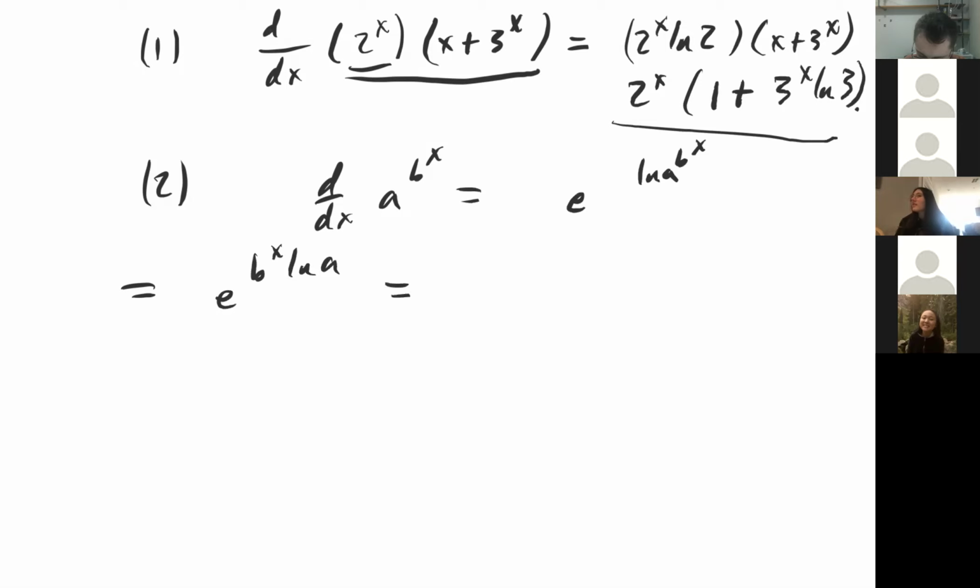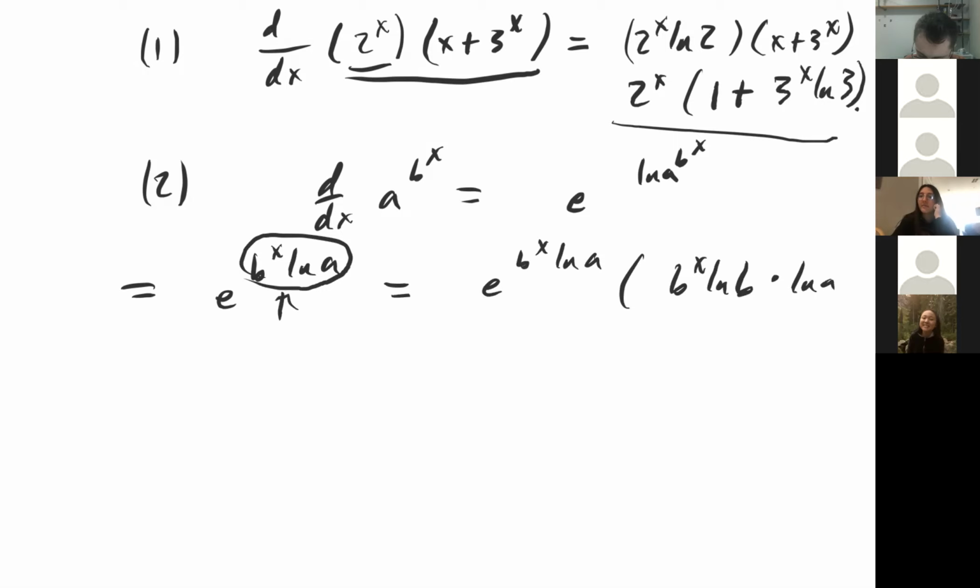The outer function is just e to this thing, so we get e to the x ln a. Then we take the derivative of the inner function, which is x ln a, and we get e to the x ln b times ln a, where a and b here were just constants. So then what does this give us?